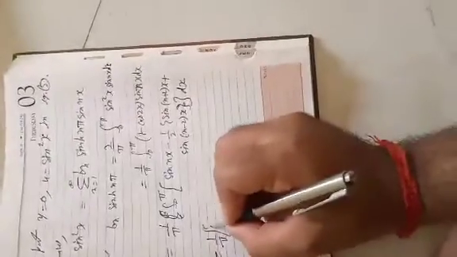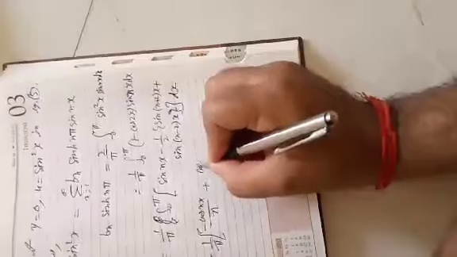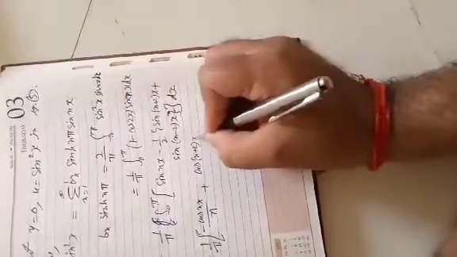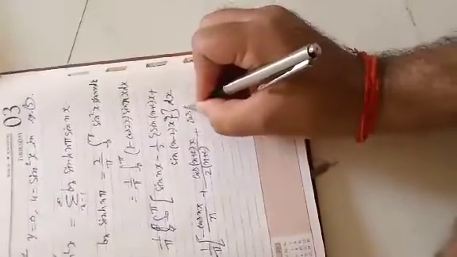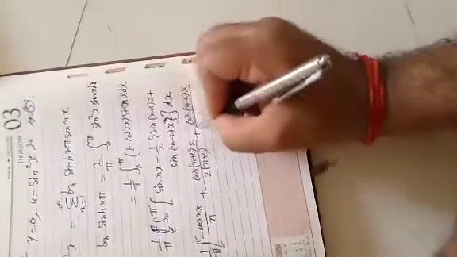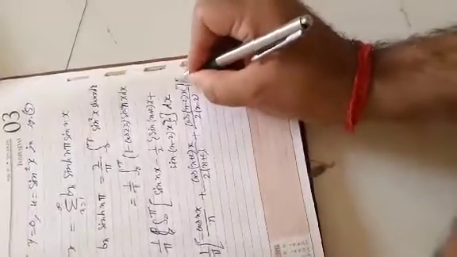On integration we get 1 upon pi minus of cos nx by n plus cos of n plus 2x upon 2 times n plus 2 plus cos of n minus 2x upon 2 times n minus 2, 0 to pi.